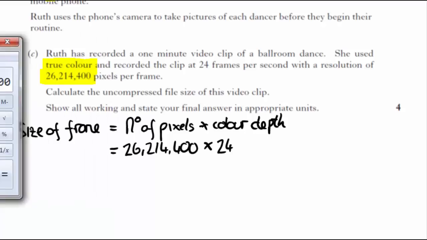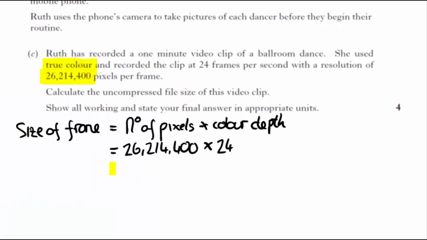And that gives us 629145600. I think it's 2 zeros there. And that's how many bits the one picture has. Remember, it's uncompressed, so it's going to be a large size.